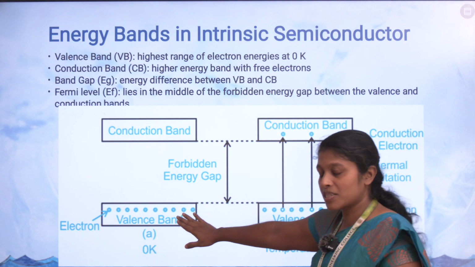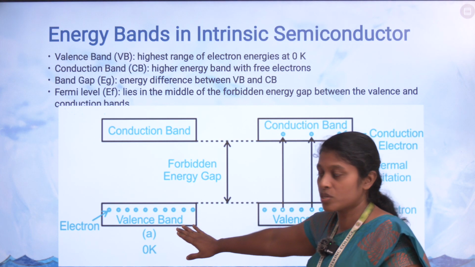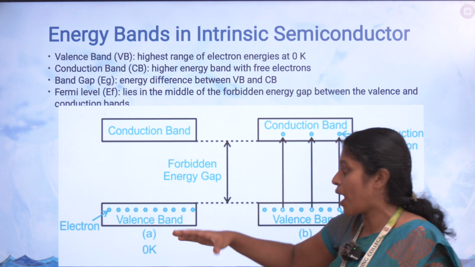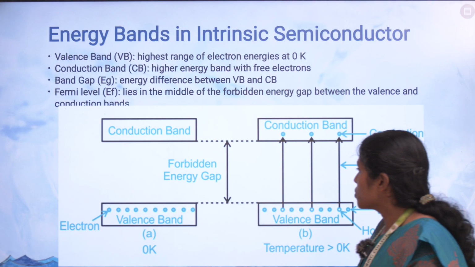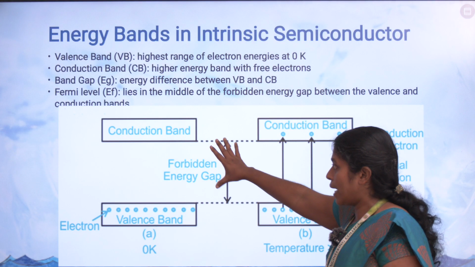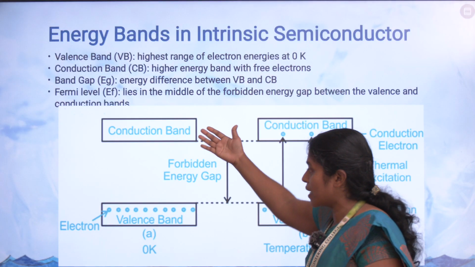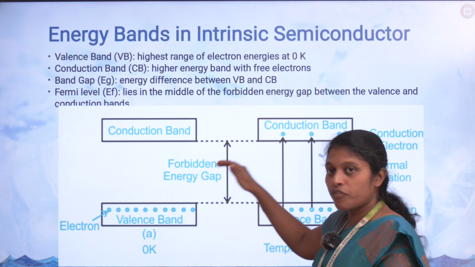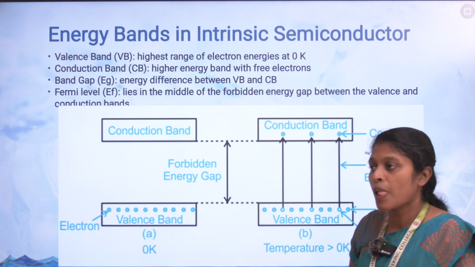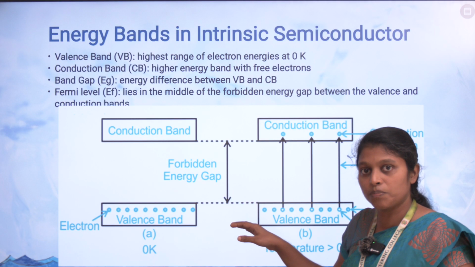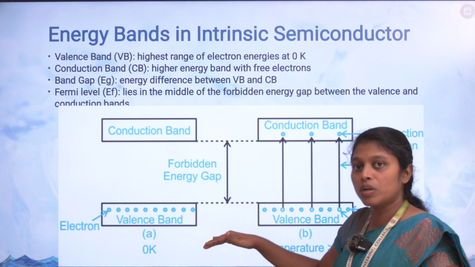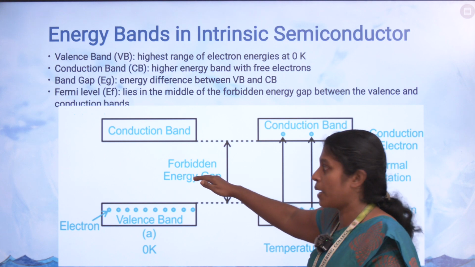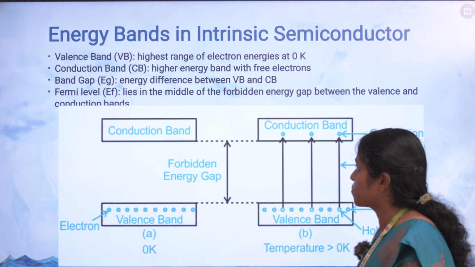The valence band will be filled with electrons, whereas the conduction band will be empty at zero Kelvin. The energy gap between the conduction and valence band is called the forbidden energy gap. For this intrinsic semiconductor, the Fermi level will be midway between the conduction and the valence band.